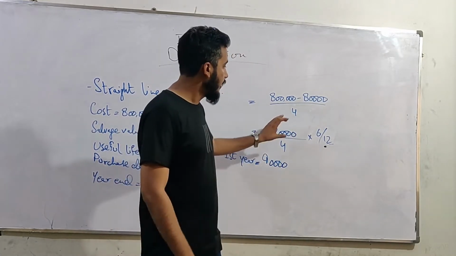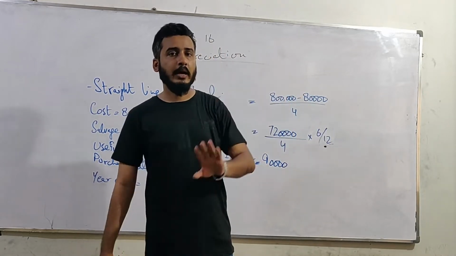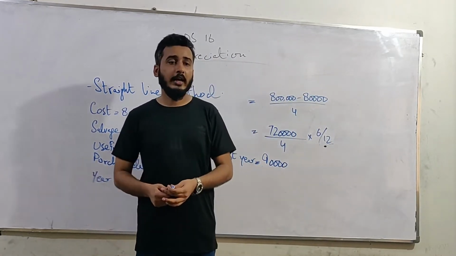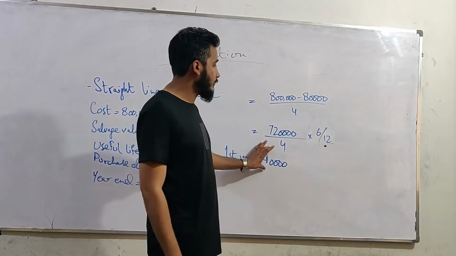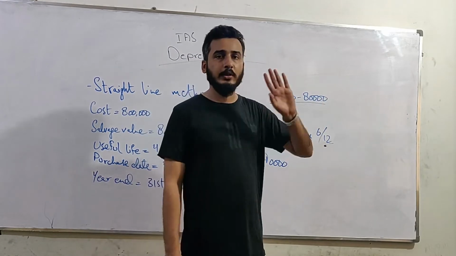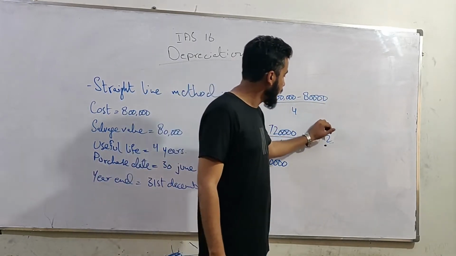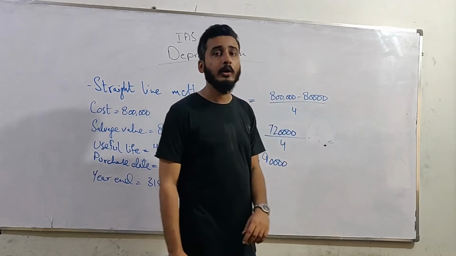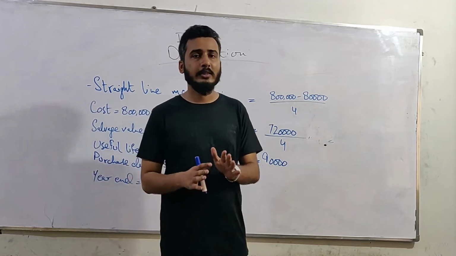180,000. Now, by multiplying it by 6 and dividing by 12, we should get 90,000. Now, this 90,000 represents 6 months' depreciation. Now, coming to the second year, we shall drop this factor. Why is it so? Because by calculating this depreciation, we are standing on 31st December.